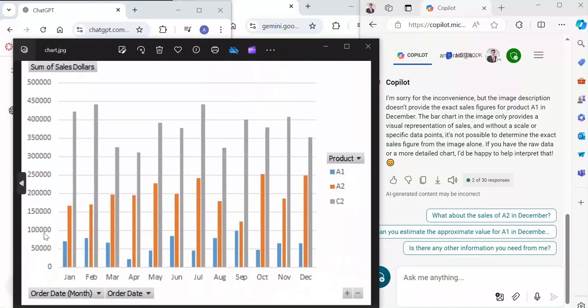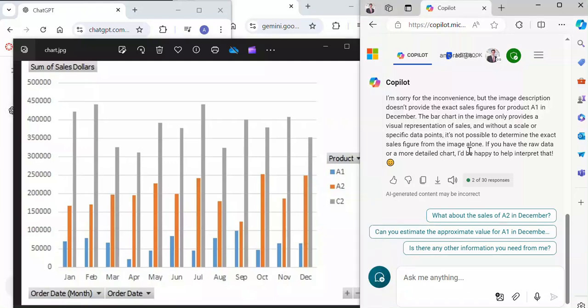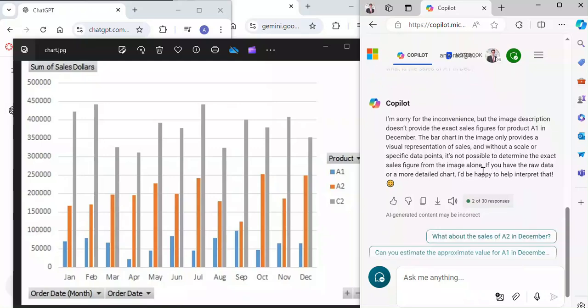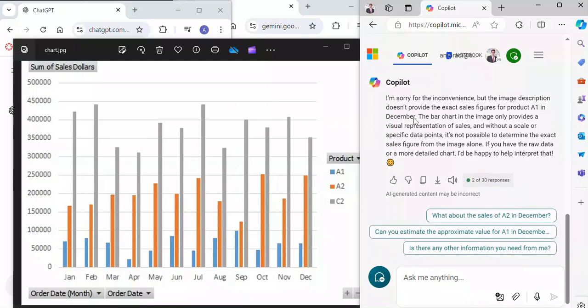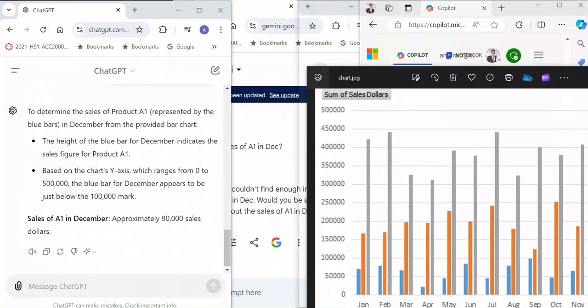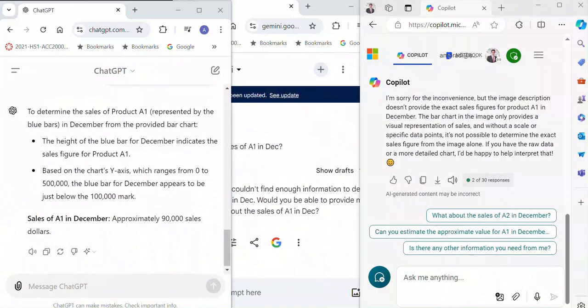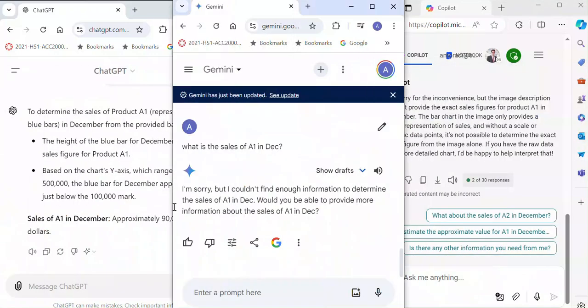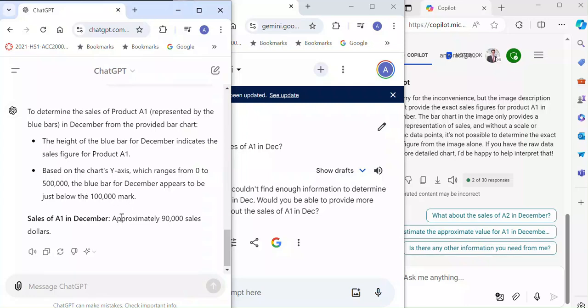You see that it's a bit more than 50,000, maybe 60,000, but 90,000 is an overestimation. At least it shows that they are still not capable of reading the figures or interpreting the chart at that level. Gemini and Copilot didn't even go that far.